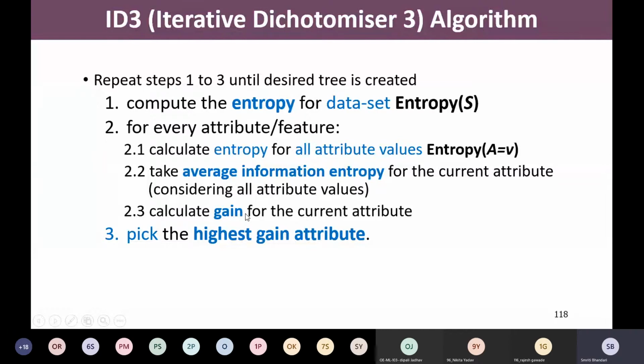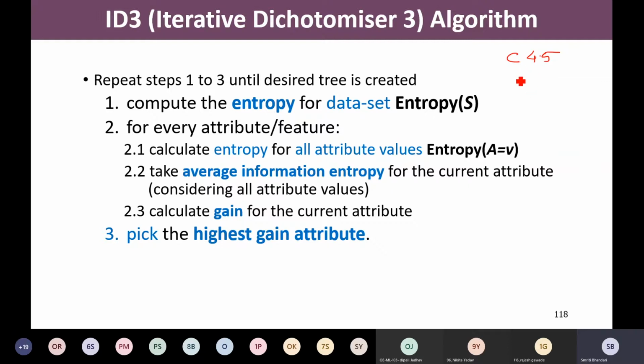We have, in fact, a few more algorithms that help us to build the decision tree. Other than the ID3 algorithm, we have C4.5, which is the successor of the ID3 algorithm.